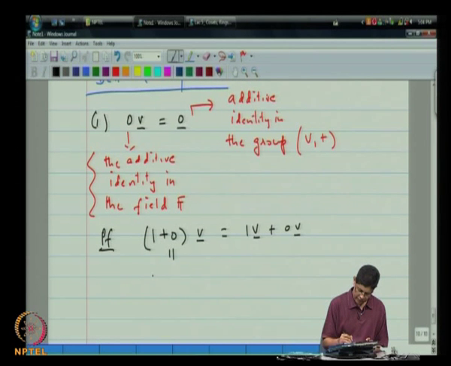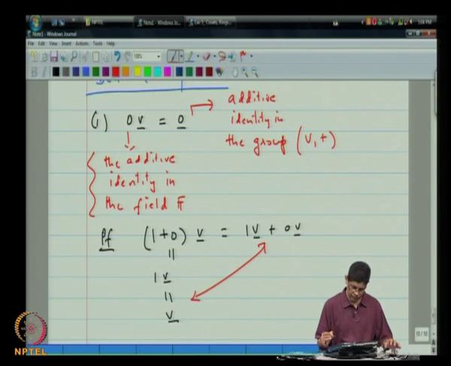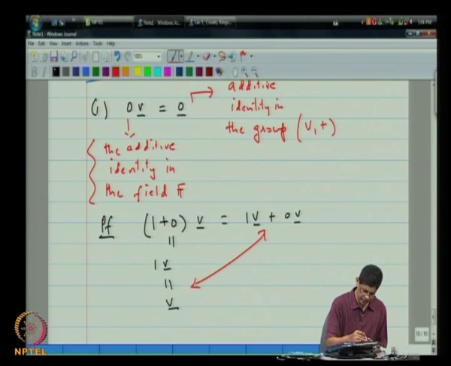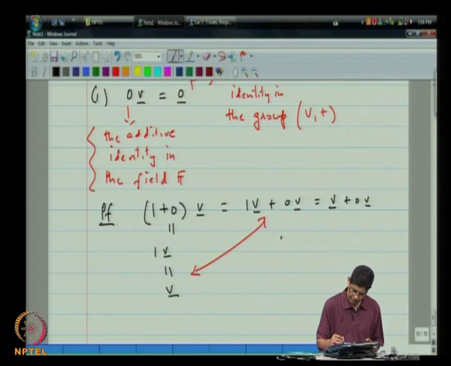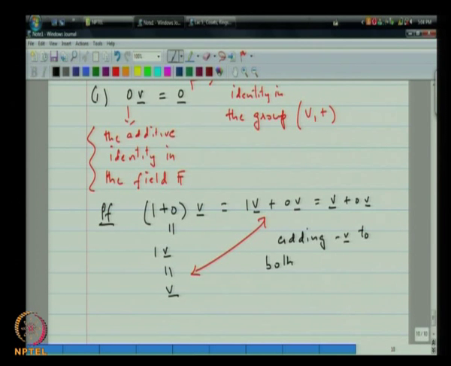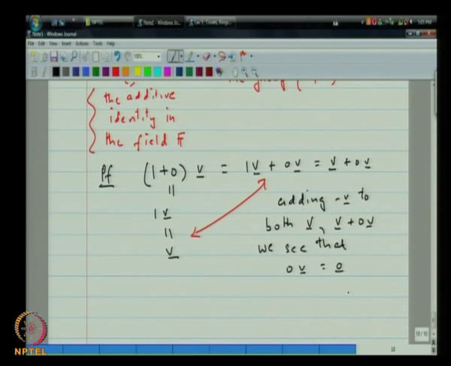On the other hand, this is 1 times V, because 1 plus 0 is 1, which we know from an axiom is equal to V. So, now we compare the two, and by the way, even here I can take this a little bit further and say that this is V plus 0 times V. So, now adding minus V to both this expression as well as this, to both V plus 0 times V, we see that 0 times V is equal to 0. Okay. So, this is typically how proofs of this kind will proceed.